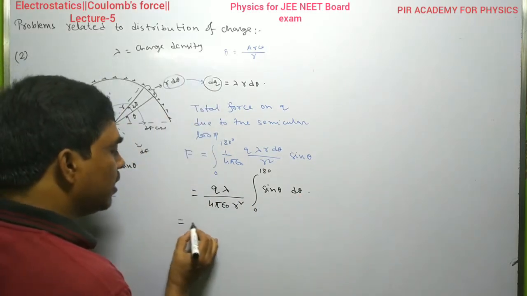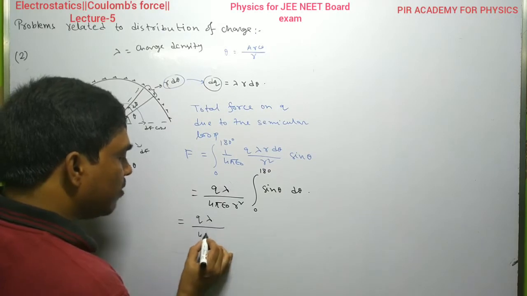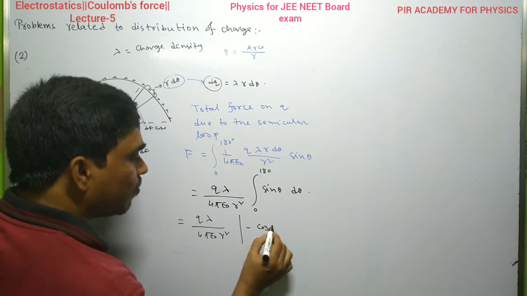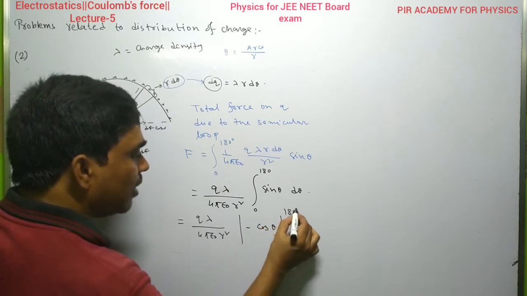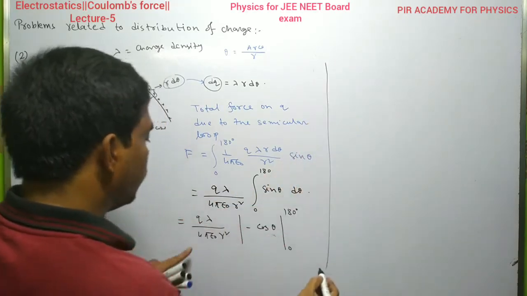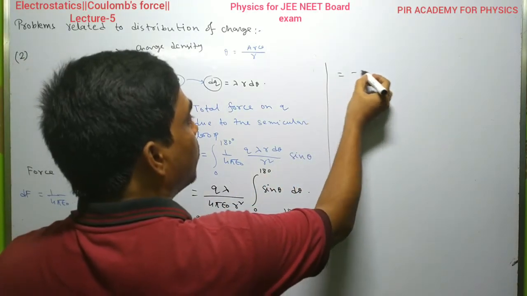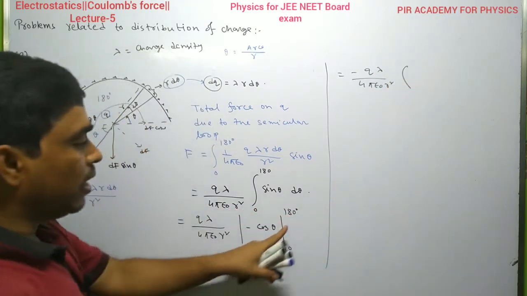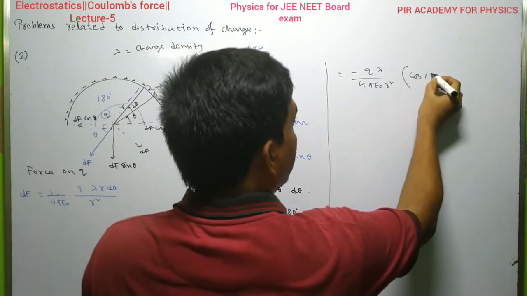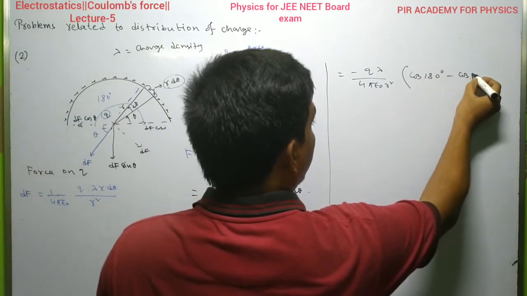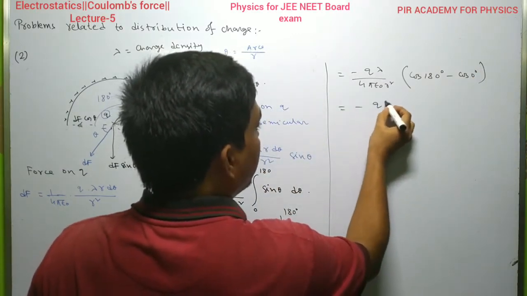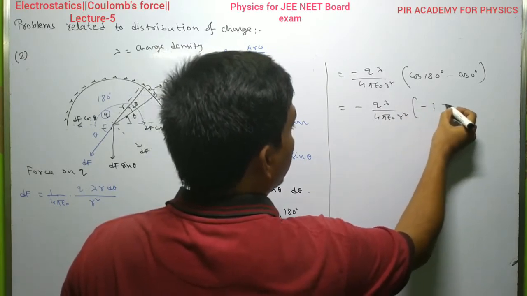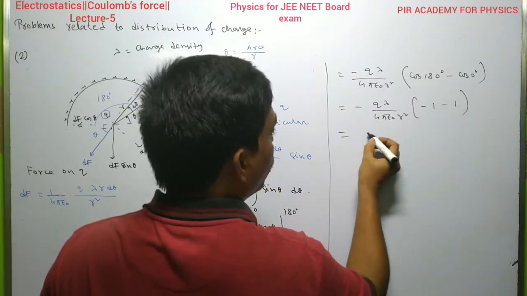Now if I integrate sin theta, it will be minus cos theta, from 0 to 180 degrees. Taking the minus out, minus q lambda by 4 pi epsilon naught r, then cos 180 degrees minus cos 0 degrees gives minus 1 minus 1, that means plus 2.